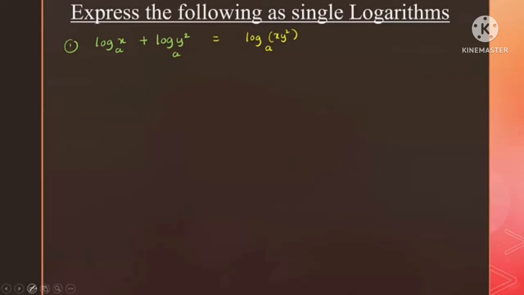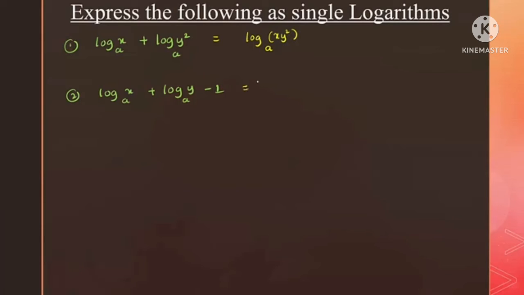Now come to the second problem. Log of x to the base a plus log of y to the base a minus 1. We have to express this as a single logarithm. How to solve it?